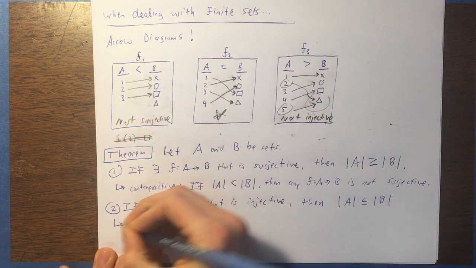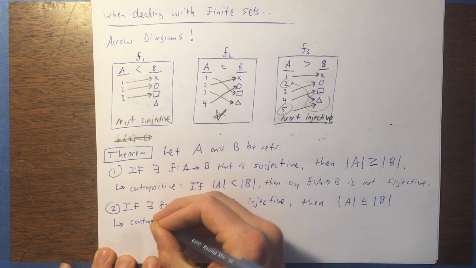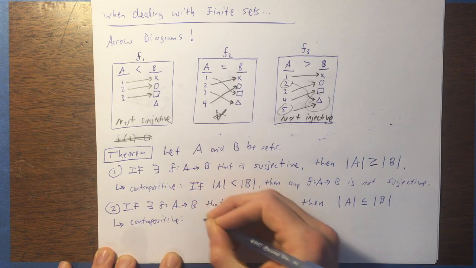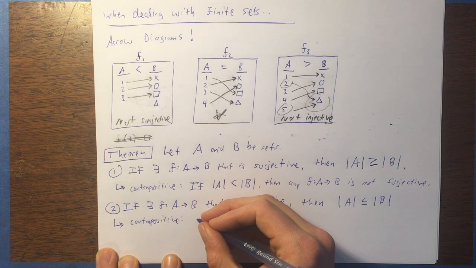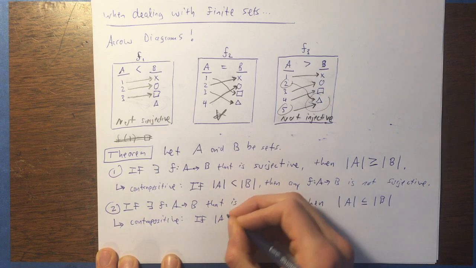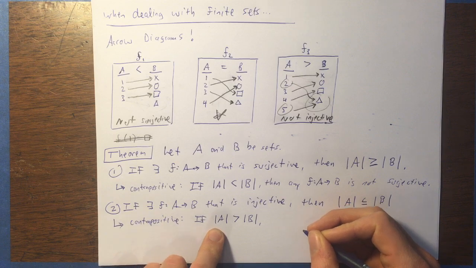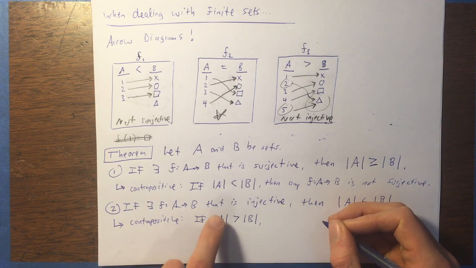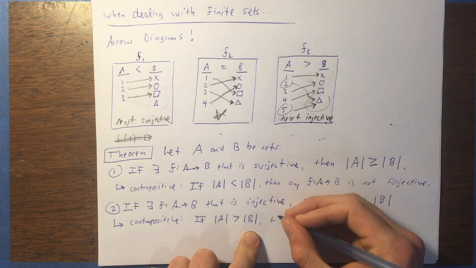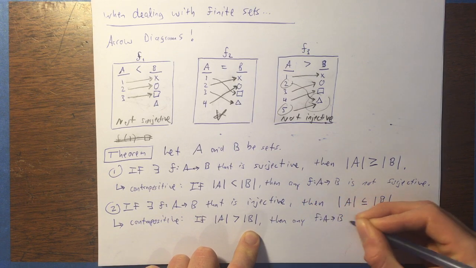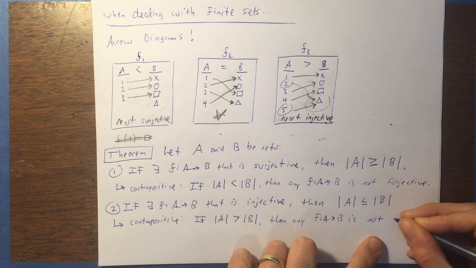And equivalently, if you take the contrapositive of that statement, we could write: if the cardinality of A is strictly greater than the cardinality of B, remember A is going to be our domain and B is going to be our codomain, then any function f from A to B is guaranteed not injective.